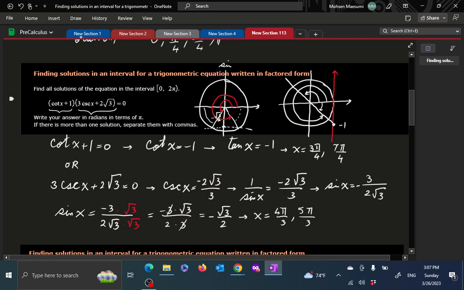So how did I get this one? 2 pi minus pi over 3. 2 pi is a full rotation minus pi over 3. When you subtract it, you get 5 pi over 3.